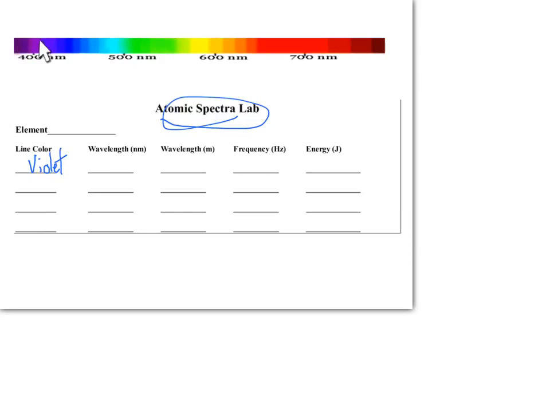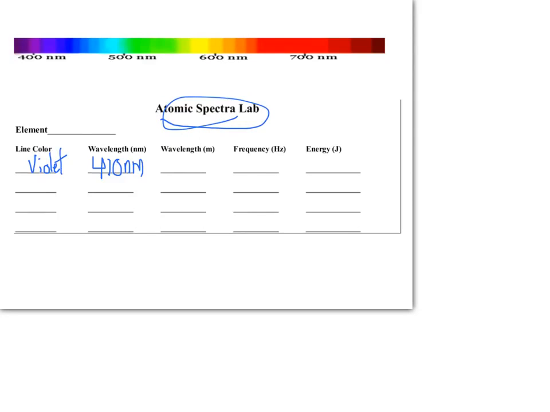So I'm going to say the color that I saw is close to 410 nanometers, and I'll write 410 nanometers here. All right, you can take off your glasses now. Now we want to calculate the wavelength in meters, the frequency in hertz, and the energy in joules. Your homework will involve some of these calculations as well as your lab on Monday, so that's why I'm doing an example here.